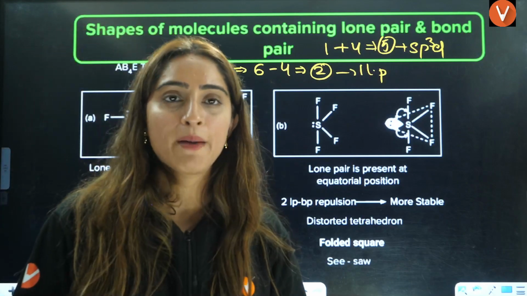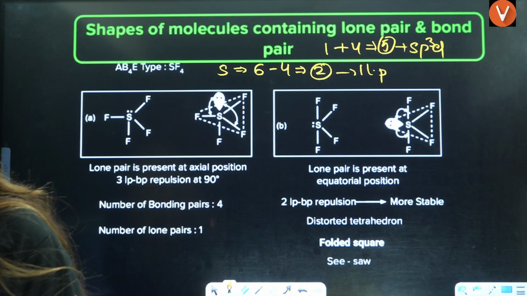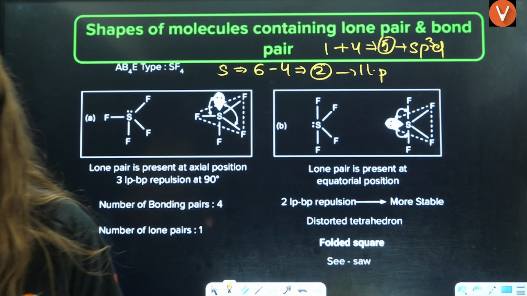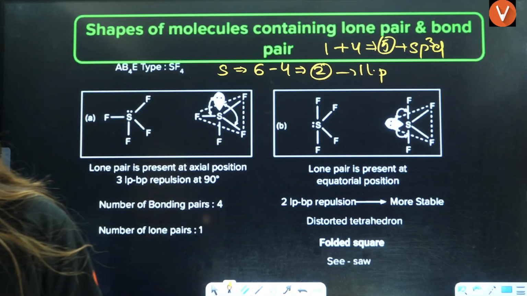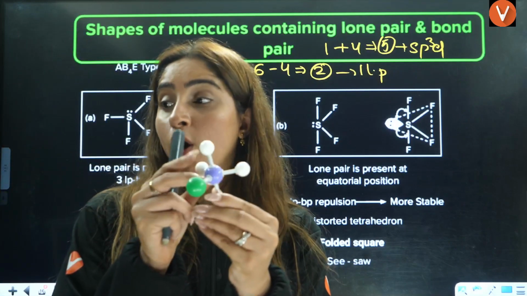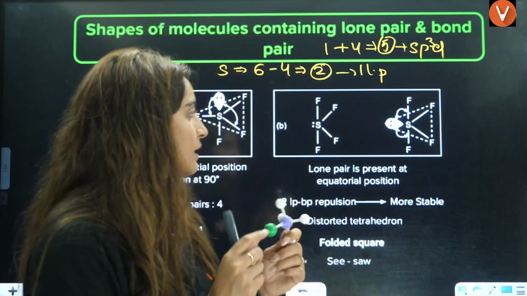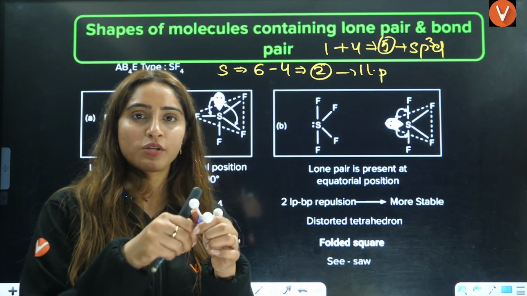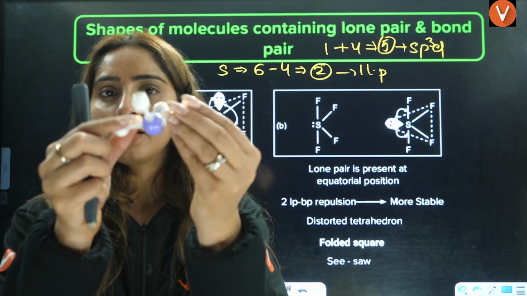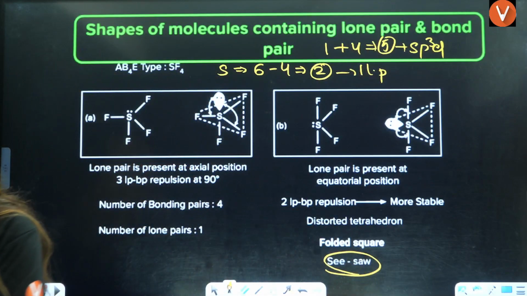In trigonal bipyramidal, in this case, you are just replacing 1 bond pair with 1 lone pair. So that lone pair that you have will be on the equatorial position, right? So that is why the shape will be seesaw. Got it?